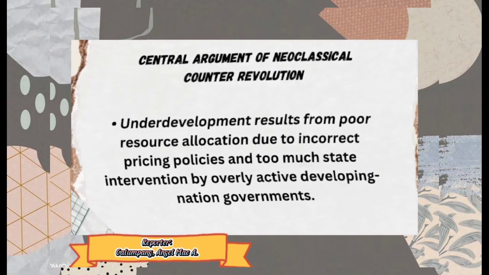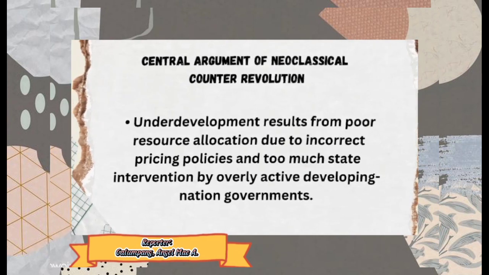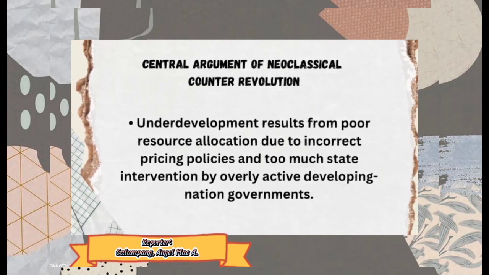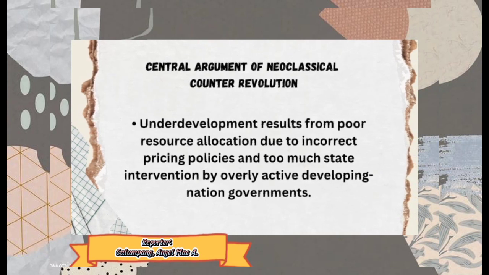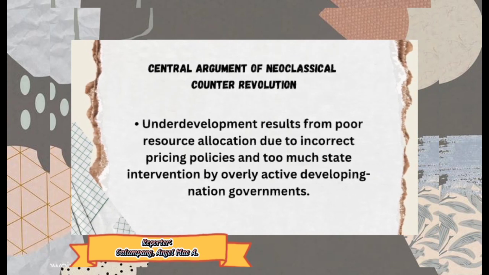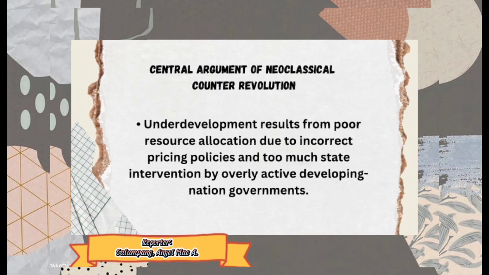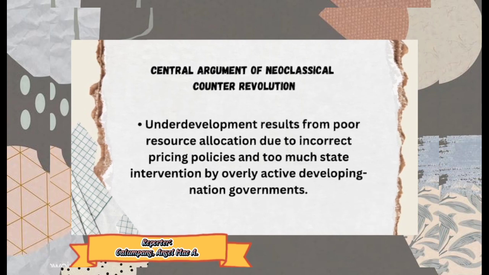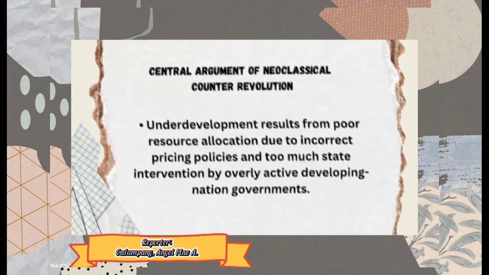That is why in the neoclassical counter-revolution there is a central argument. Why? It is because underdevelopment results from poor resource allocation due to incorrect pricing policies and too much state intervention by overly active developing nation governments.